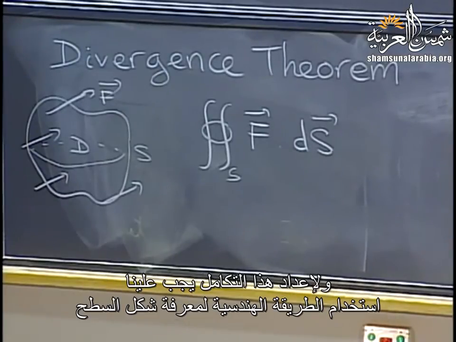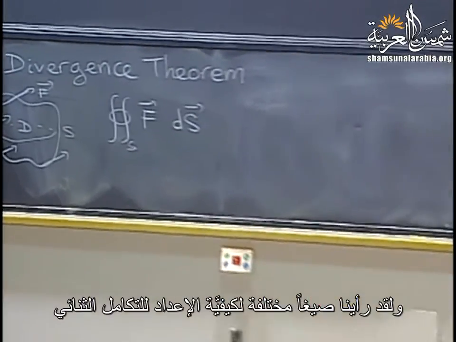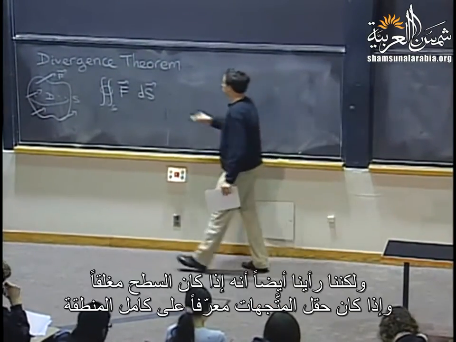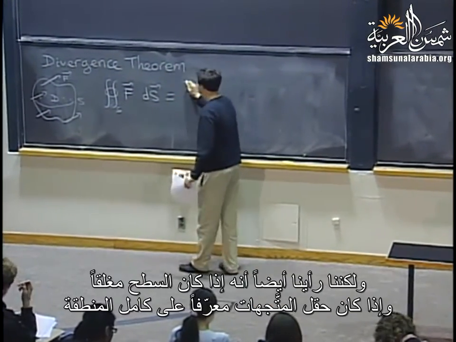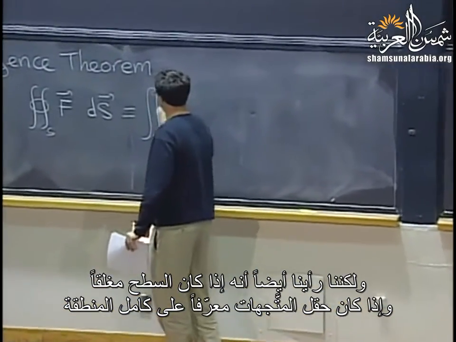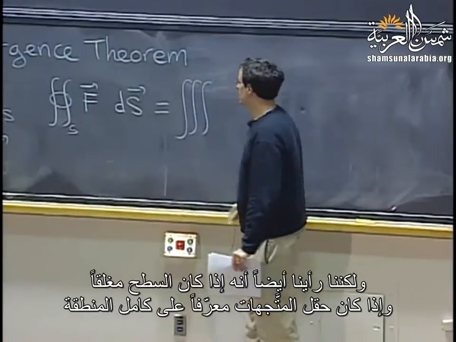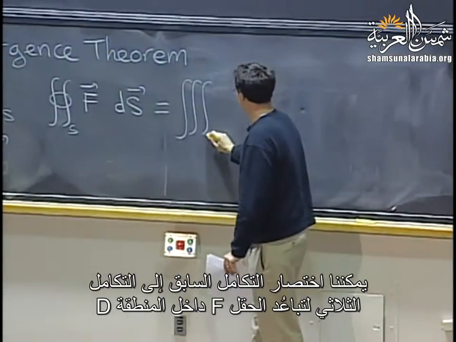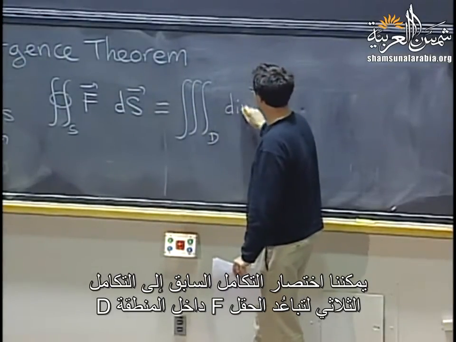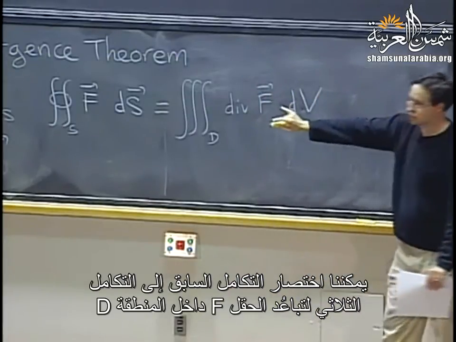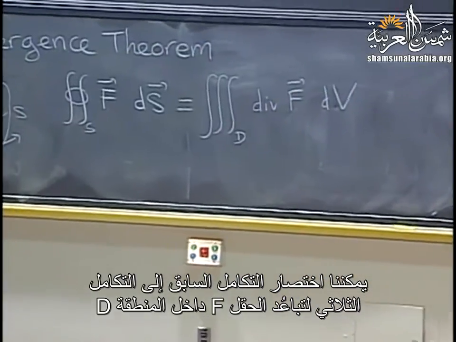And to set this up, of course, I need to use the geometry of the surface. Depending on what the surface is, we've seen various formulas for how to set up the double integral. But we've also seen that if it's a closed surface and if the vector field is defined everywhere inside, then we can actually reduce that to a calculation of the triple integral of the divergence of F inside.